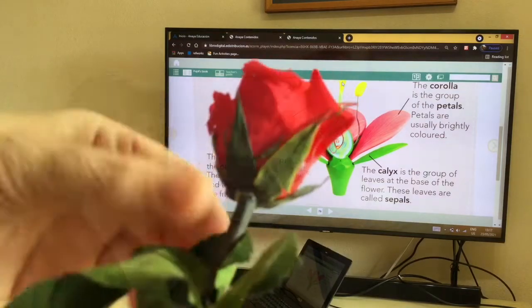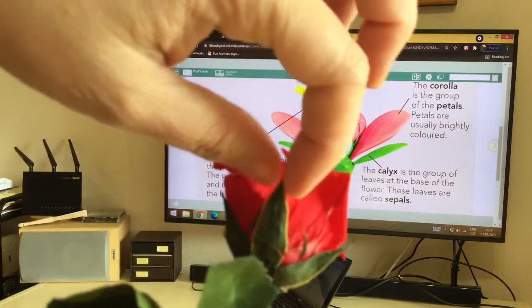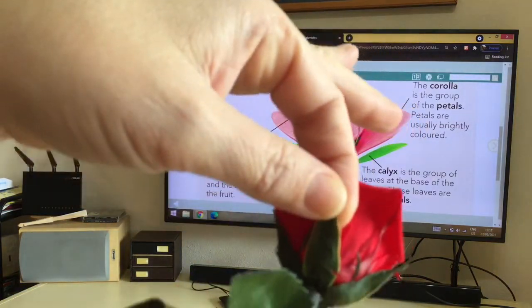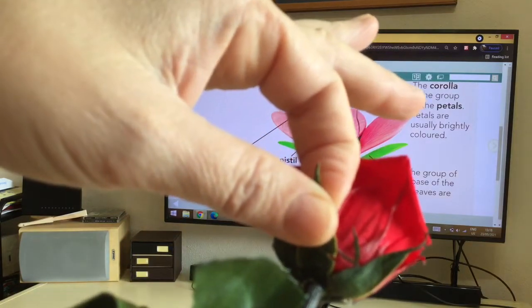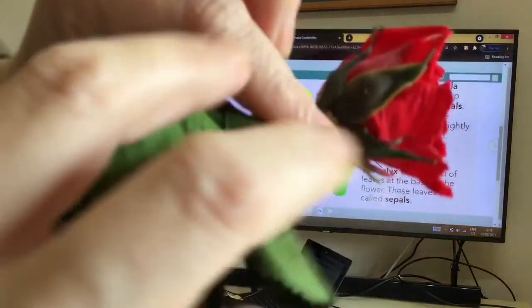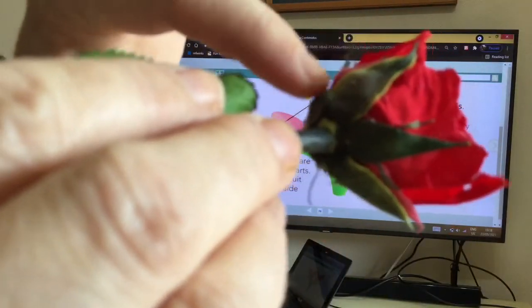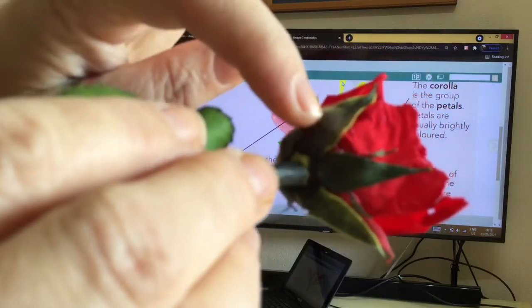Another thing, only this one is called a sepal. All this thing together is going to form the calyx.